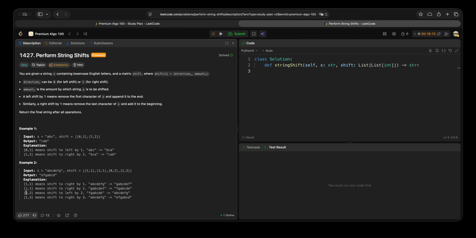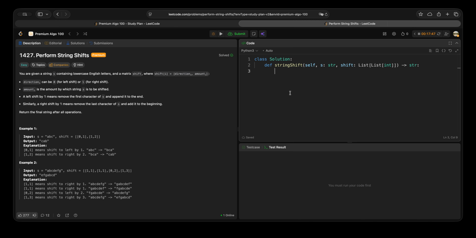Now it is a left shift by 2, so we remove the first two, FG, and append them on the right side, which becomes the original ABCDEFG. The last one is a right shift by 3, which means the last three, EFG, go on the left side, so it becomes EFGABCD.